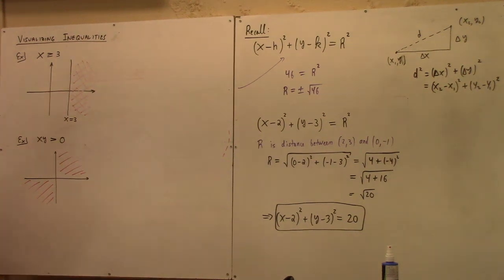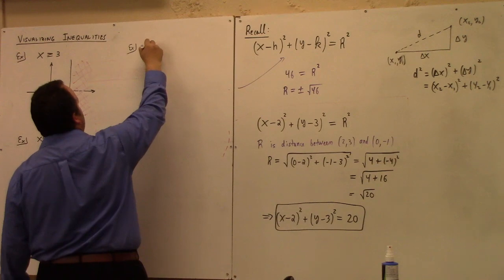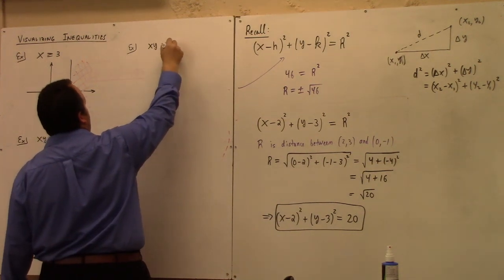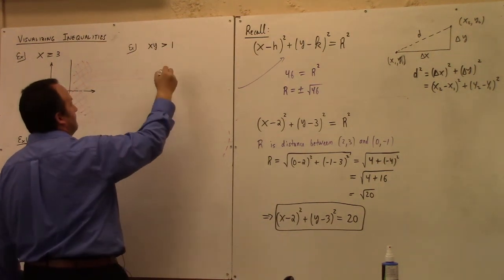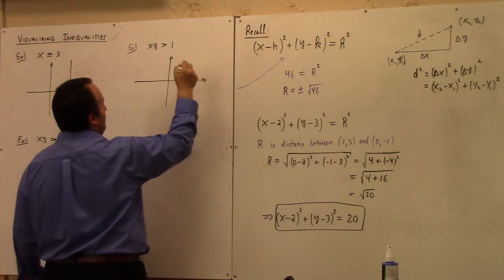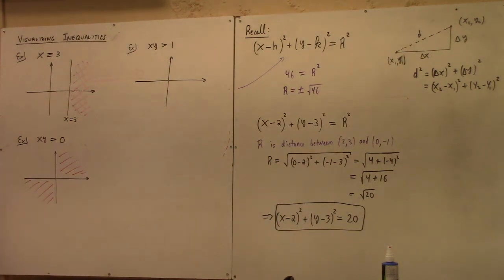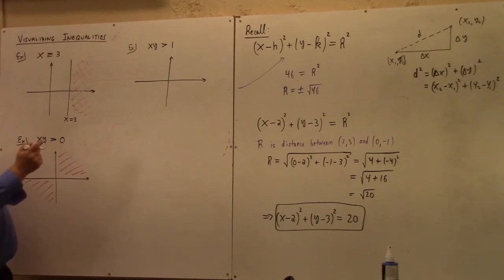Another example: what would happen if we instead had xy greater than 1? Let's think about this. There are two cases, right?